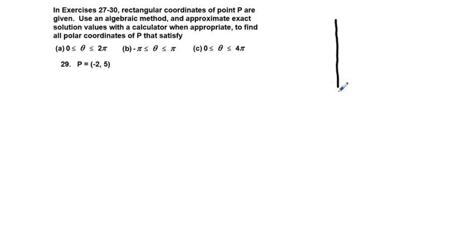So we're going to have to find out where we are, and to do that we have to use an algebraic method. So we have negative 2 comma 5, so there's negative 2 and up 5, 3, 4, 5. So here's negative 2 comma 5 right up here.